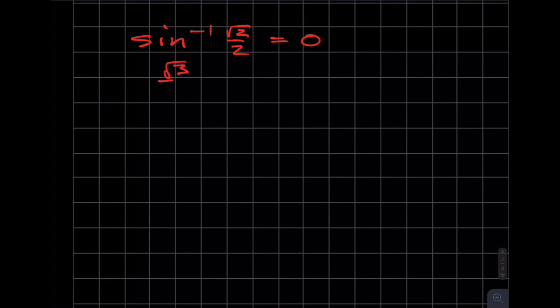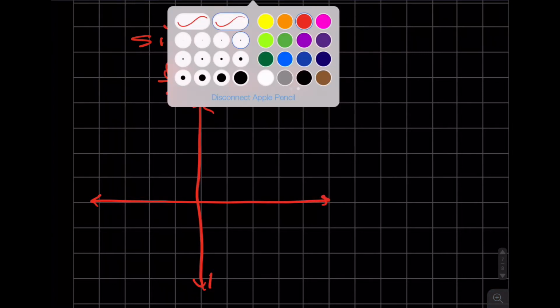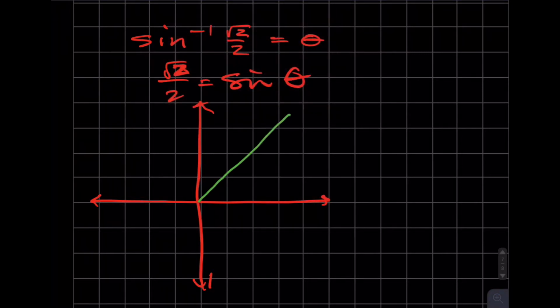So if I had the inverse sine of radical 2 over 2, that of course represents an angle. The sine of some angle measure is equal to radical 2 over 2. Well, there in fact are two angle measures whose sine are equal to radical 2 over 2. That would be this guy, pi over 4.